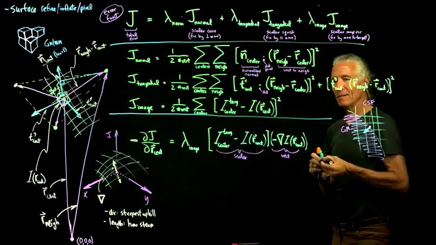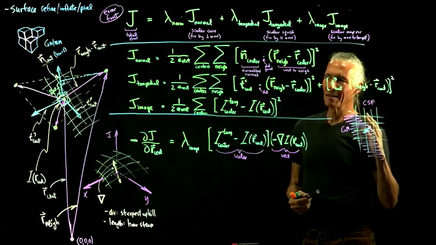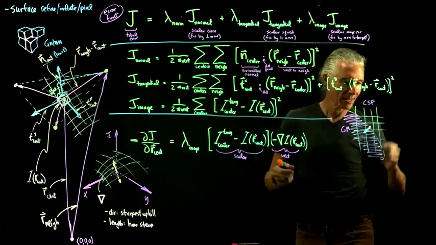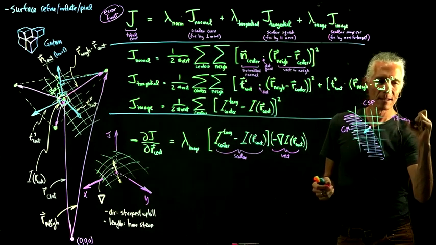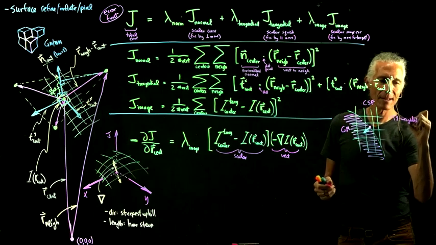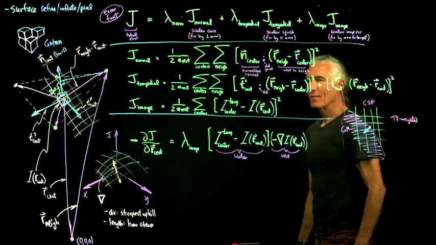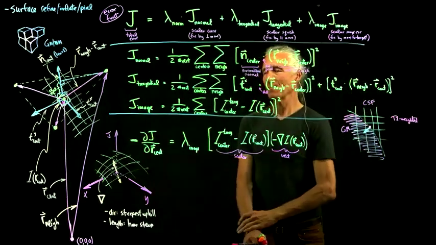So that's how you reduce image error. You take the gradient of the T1 data. So this is like T1 weighted data. If you take the gradient of that, that will essentially tell you which way to go if you're trying to make your surface more like a particular value of a voxel.